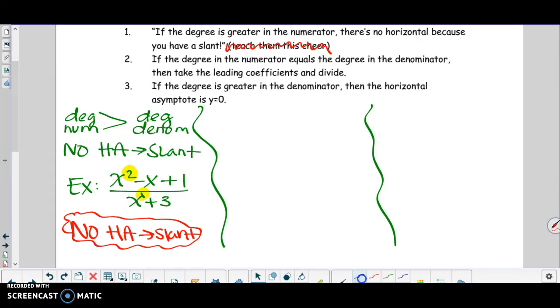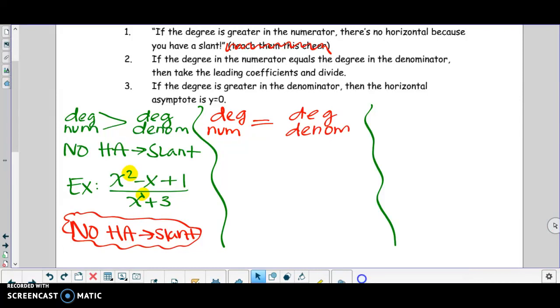Second rule, somebody else read number 2 for me. Somebody else. I don't care who. Somebody read it. Good, go for it, Christoph. If the degree of the numerator equals the degree of the denominator, take the leading coefficient from the... Okay, so now if the degree of the numerator is equal to the degree of the what? Denominator?